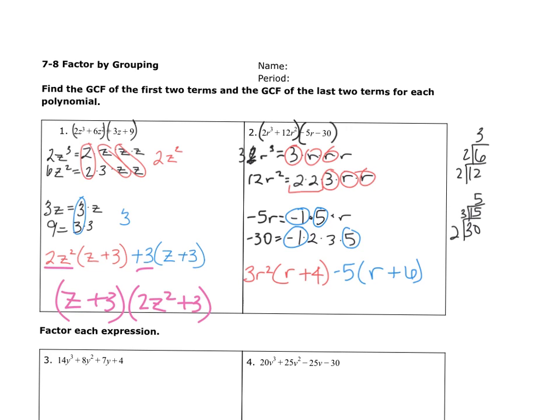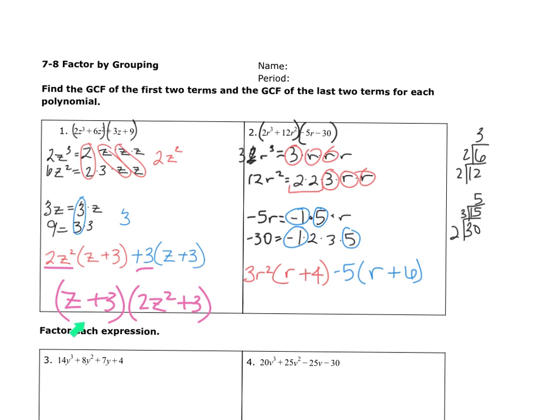All that is distribution backwards, right? Because remember when we were multiplying binomials, we said the first term times the other binomial, and the second term times the other binomial. So if we have the same binomial, we can rewrite it. That's one of the factors. Well, wouldn't you have to put an exponent of 2 over the z plus 3?